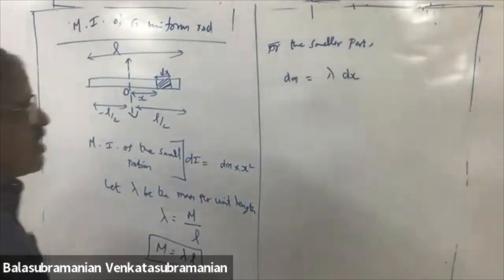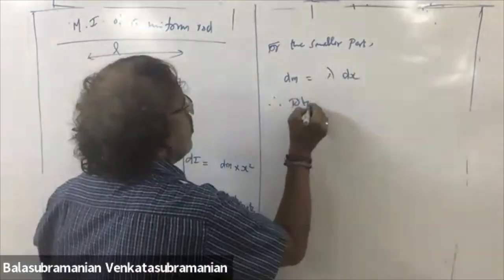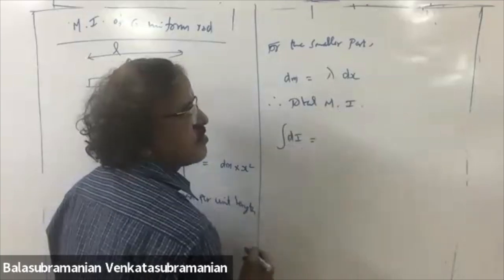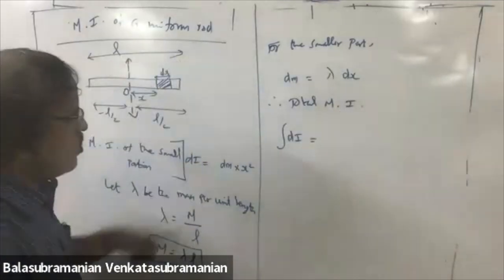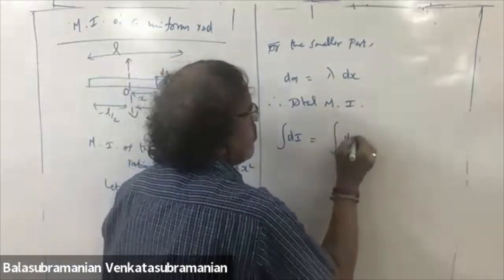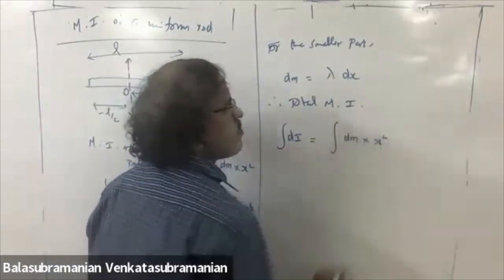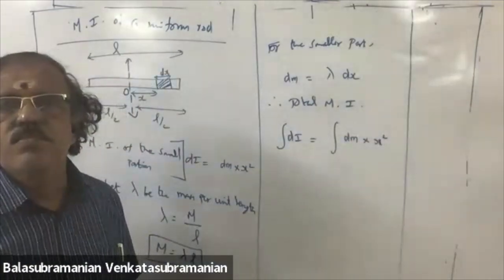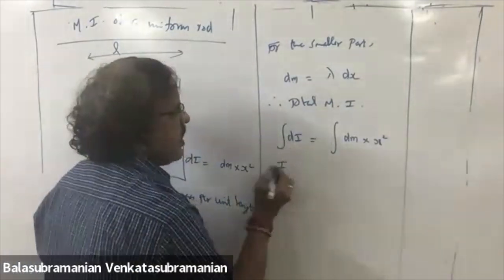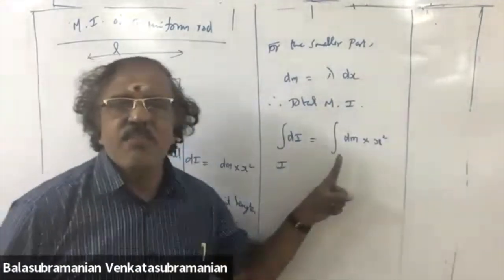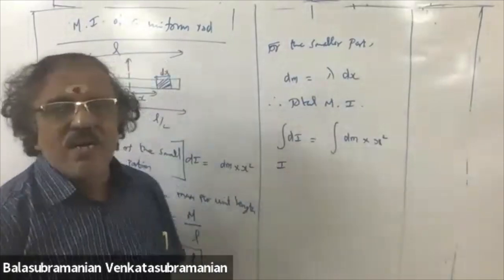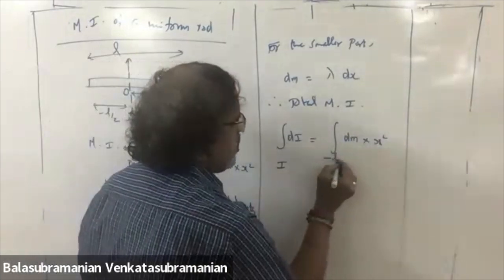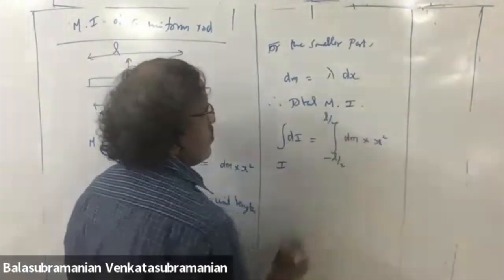Therefore, total moment of inertia: integral dI is equal to integral dm into x square. Integral dI is I. Integration means we have to put the limits from the origin left to right, that is minus L by 2 to plus L by 2.